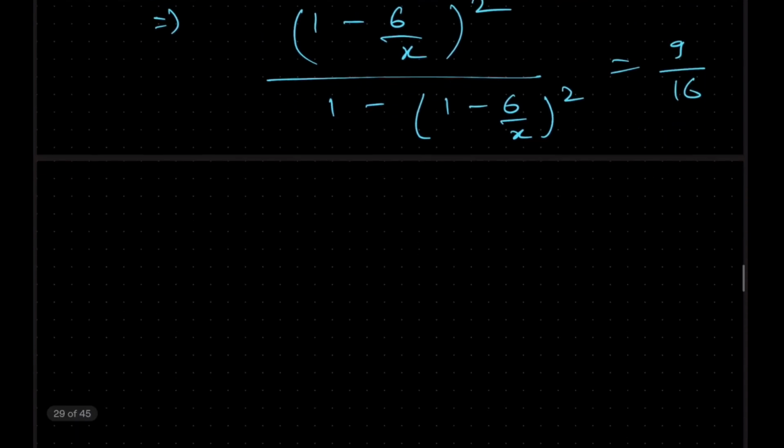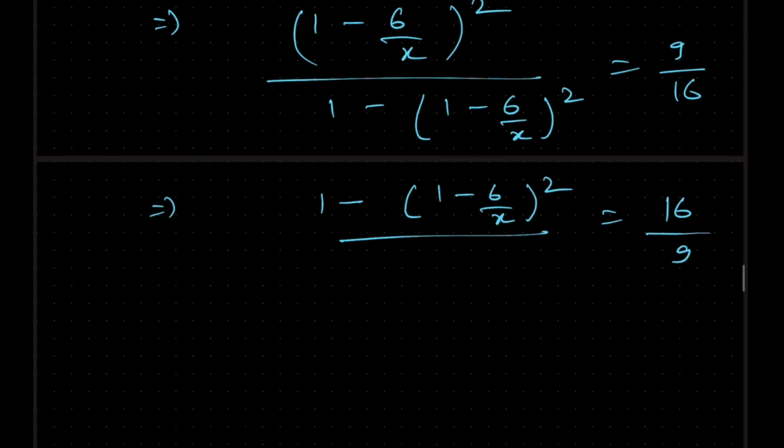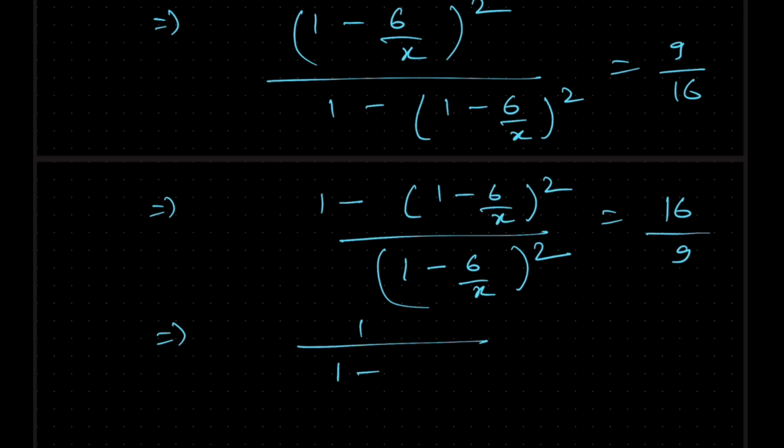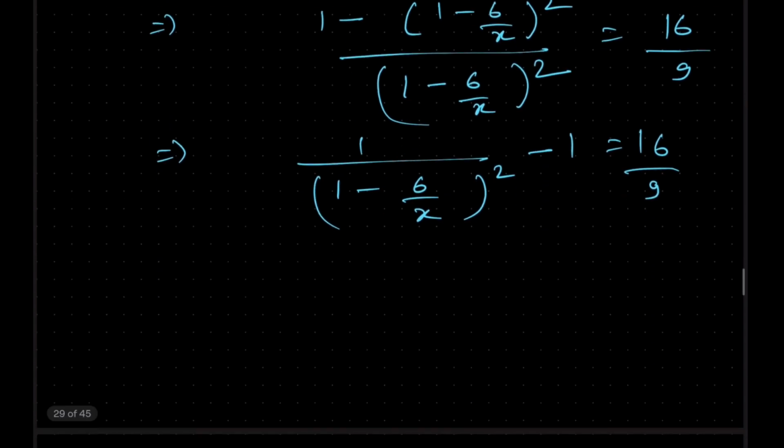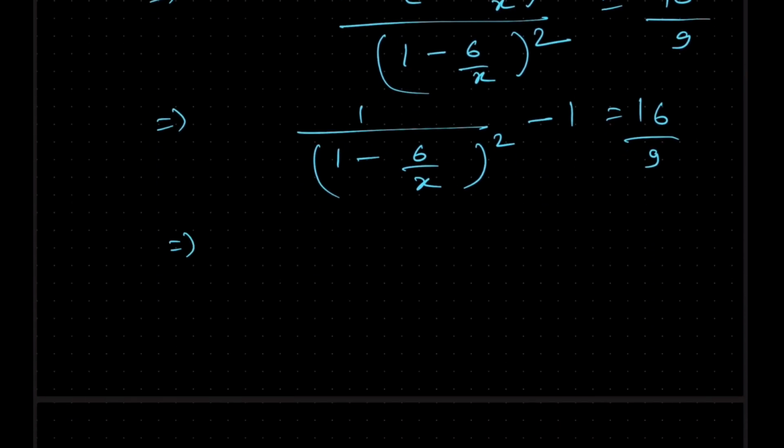Further solving it, let's flip it: 16 by 9 equals 1 minus (1 minus 6 by x) whole squared divided by (1 minus 6 by x) whole squared. Dividing it, you get 1 by the square minus 1 equals 16 by 9. Taking the 1 on the right hand side and adding it, you will get 1 minus.